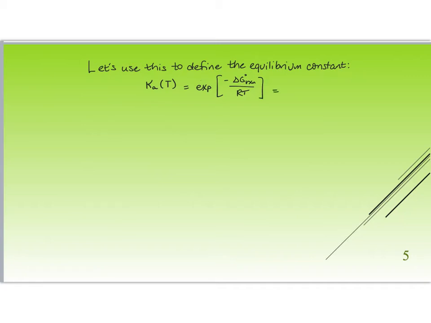And we know that that must be the exponential of the natural log, so we end up with a product, i from 1 to the number of components, activity to the nu i power.